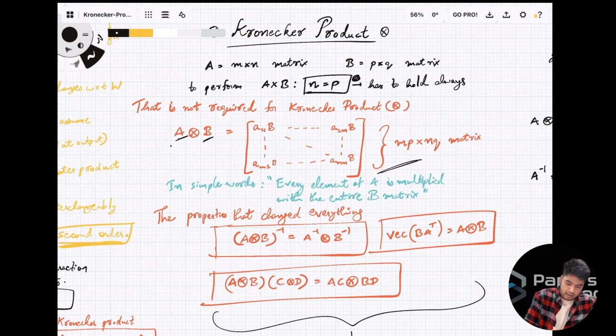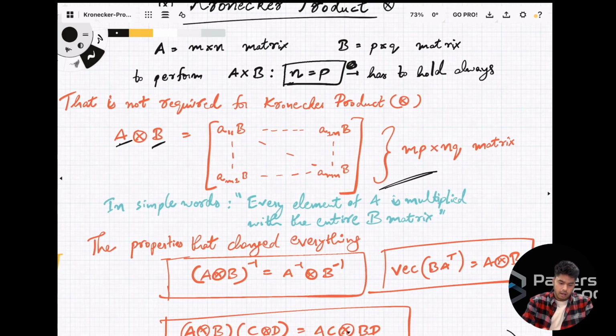So assuming A is M cross N and B is P cross Q, you end up with a matrix that is MP cross NQ in dimension. And that's pretty easy to understand, since every element in A multiplies with the entirety of B. Even though here B is just one element, it basically represents the entire B matrix.